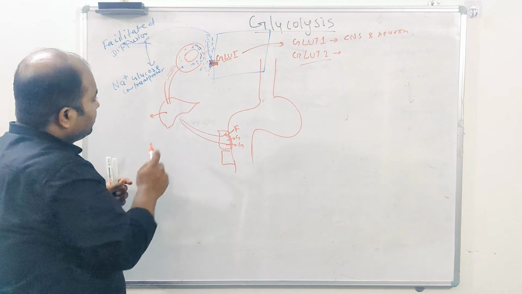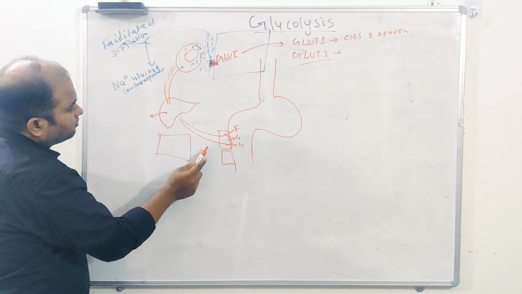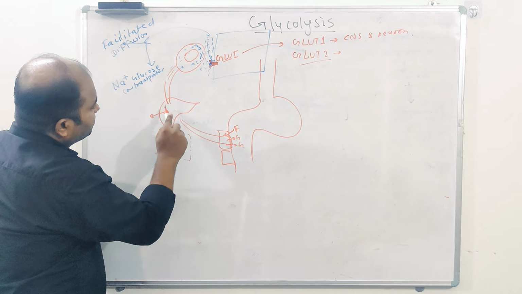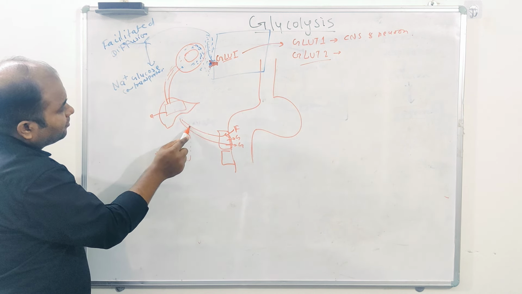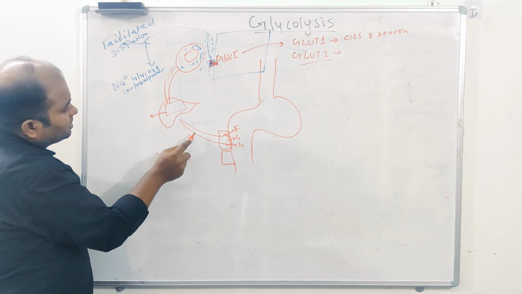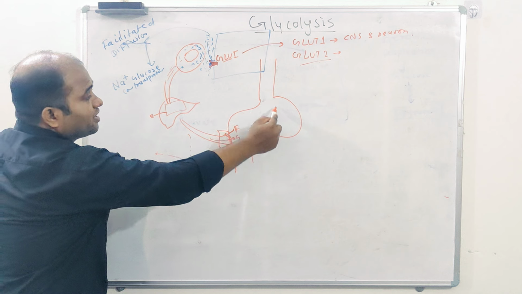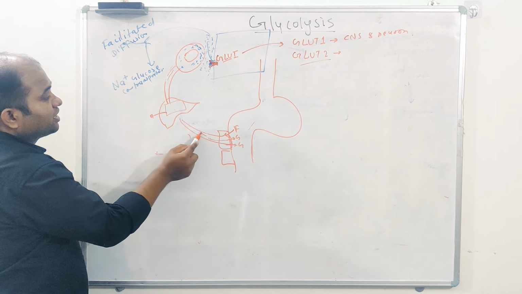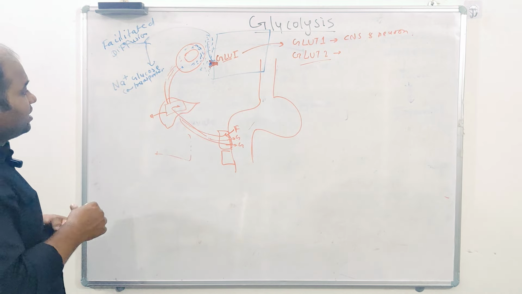Let me draw this. This is a hepatic cell. When you are taking food and you have a high amount of carbohydrate, that means this hepatic cell is storing it.